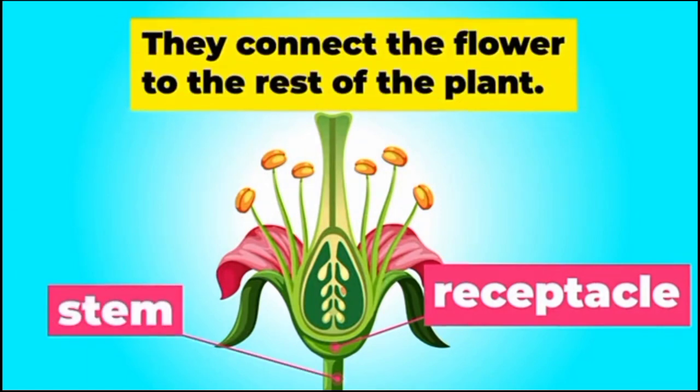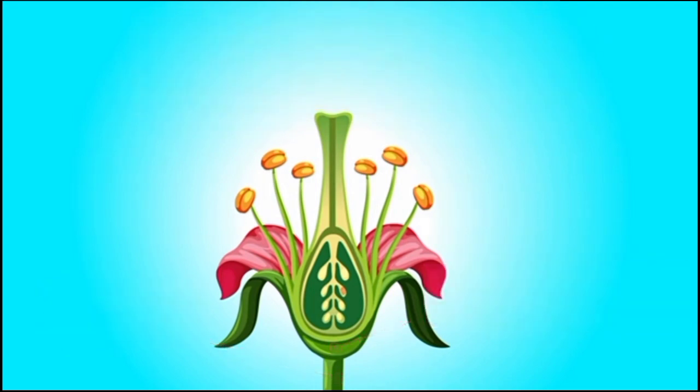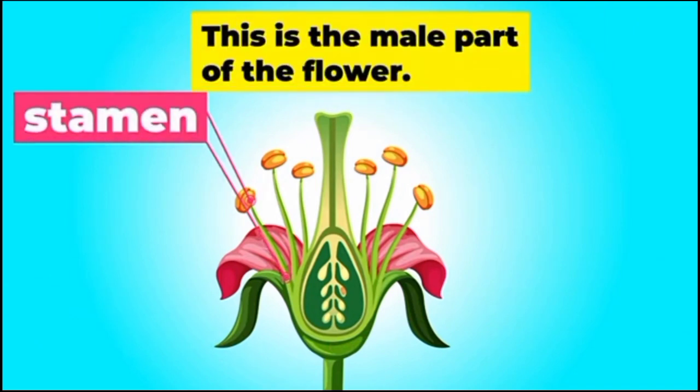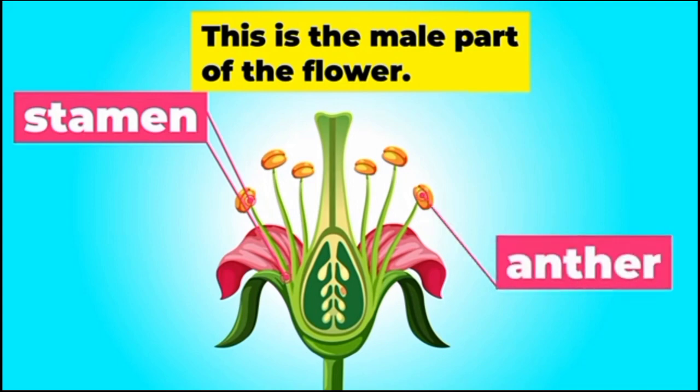They connect the flower to the rest of the plant. This part is called the stamen. This is the male part of the flower. It consists of the anther and the filament.